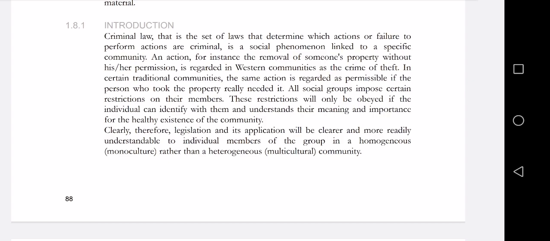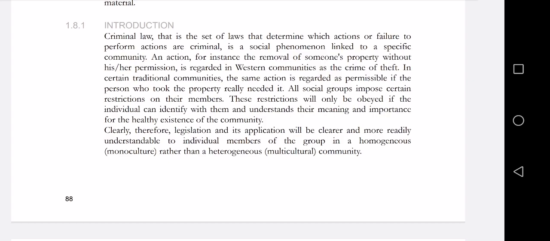All social groups impose certain restrictions on their members. These restrictions will only be obeyed if the individual can identify with them and understand their meaning and importance for the healthy existence of the community.